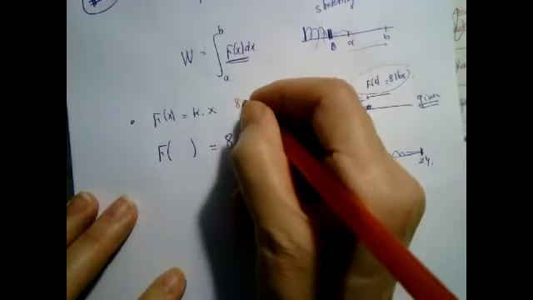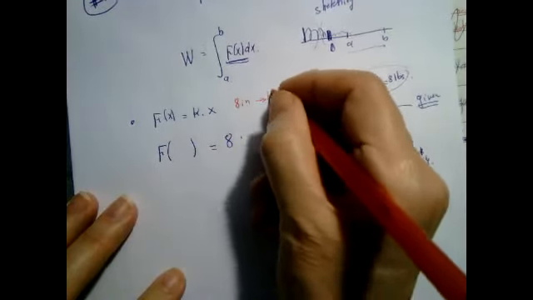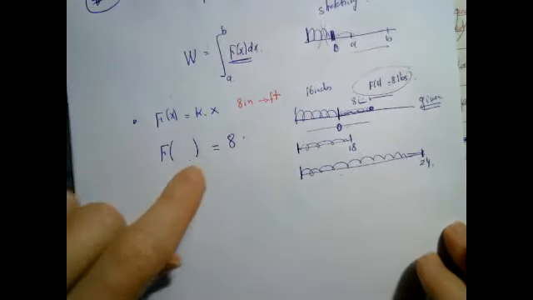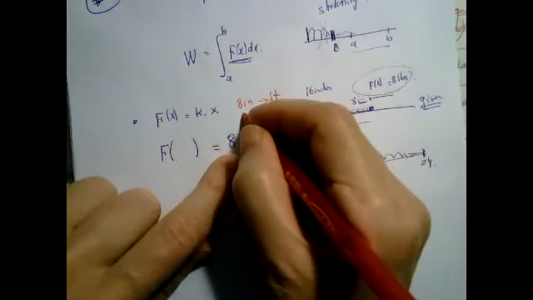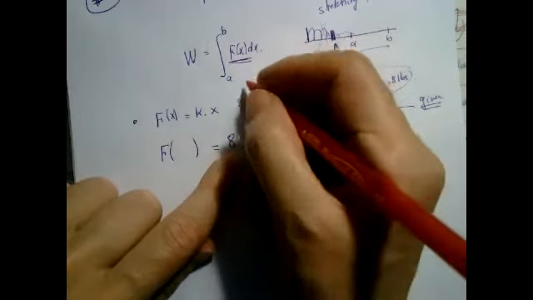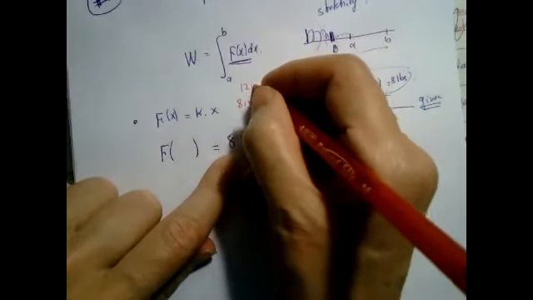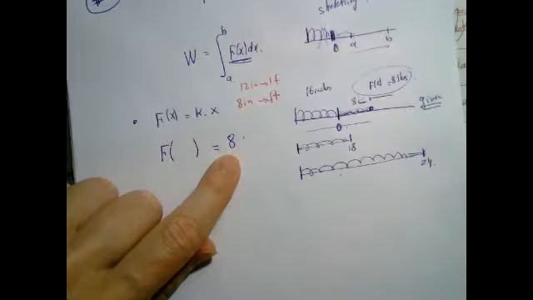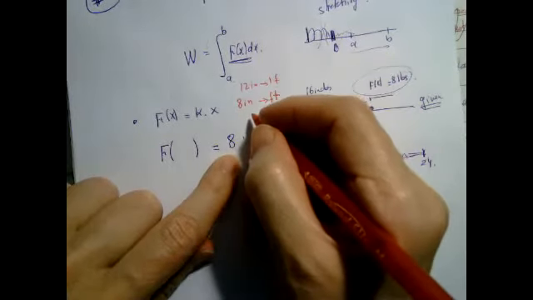So when I first convert 8 inches to feet, remember what's the conversion? Divide by 12 inches, because 12 inches is a foot. So we need 8 inches to feet.